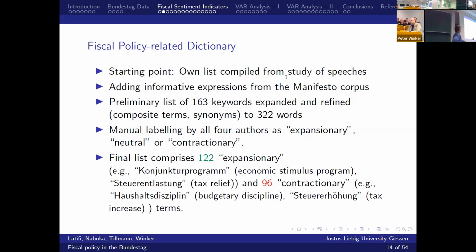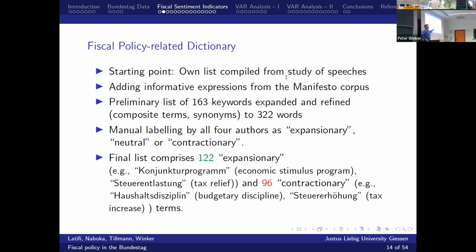So we come up with 120 expansionary terms, for example economic stimulus program. Of course, someone might say we shouldn't do an economic stimulus program, but typically the word will more often be used in a positive sense, I would guess.